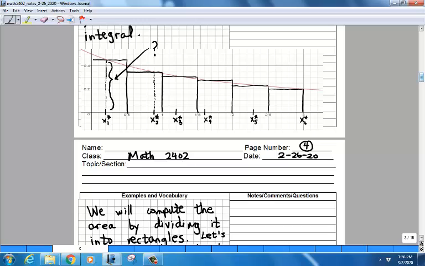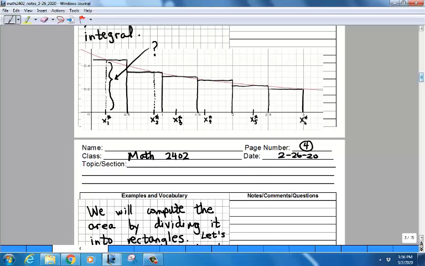That's going to be the height of your first rectangle. What is that height? I don't know if that's 0.5 or not, it might be. But how can I compute that height?